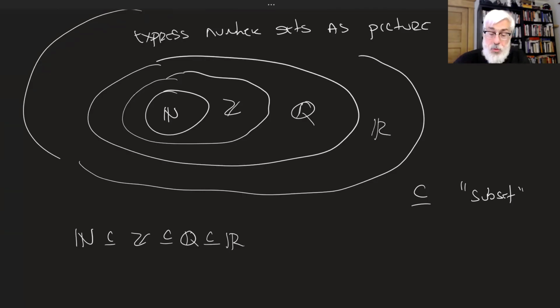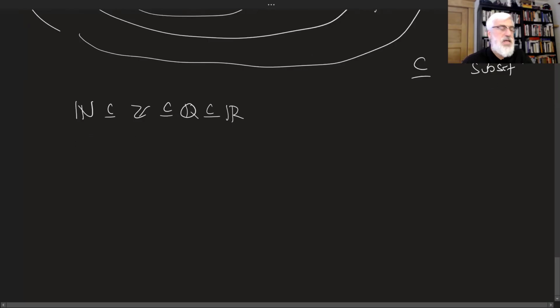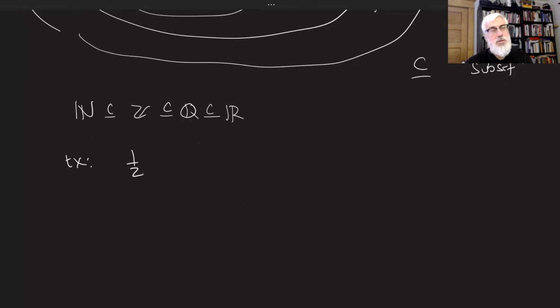So what does that mean? Well, the first thing is we want to think about how can we classify numbers. And a number can be in more than one set. So for example, 1/2. What kind of number is 1/2? Well, we know it's a real number because all numbers are real numbers. Any number you can think of is a real number.